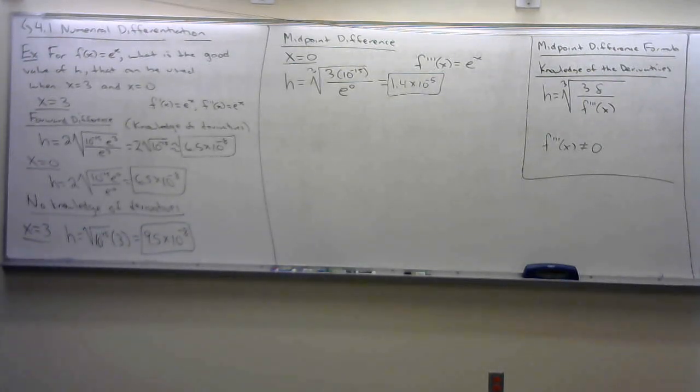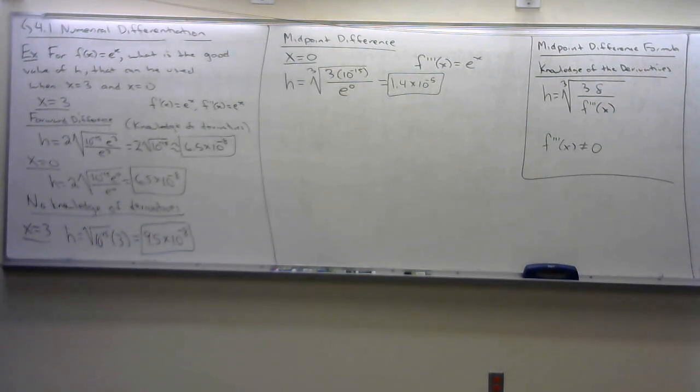So just looking at this, I don't have to make h so small to get a satisfactory approximation of my derivative. So 1.4 times 10 to the negative 5 is the value of h for my midpoint difference formula.